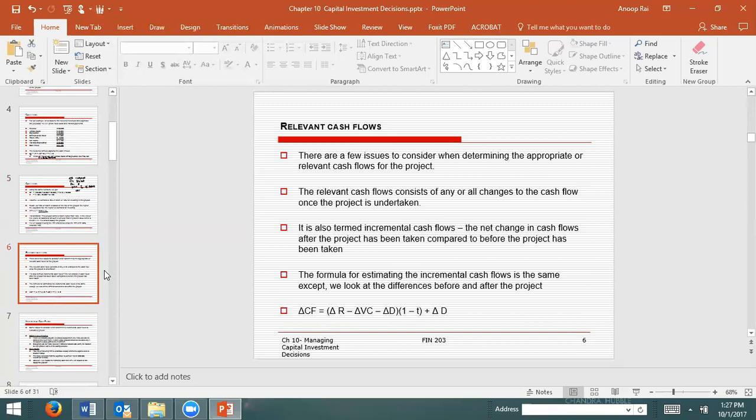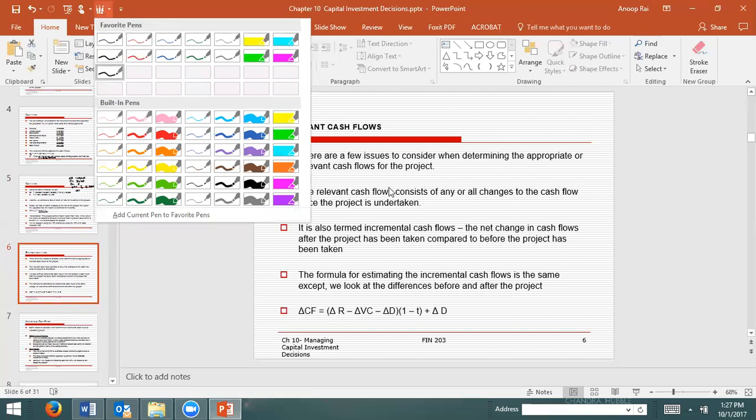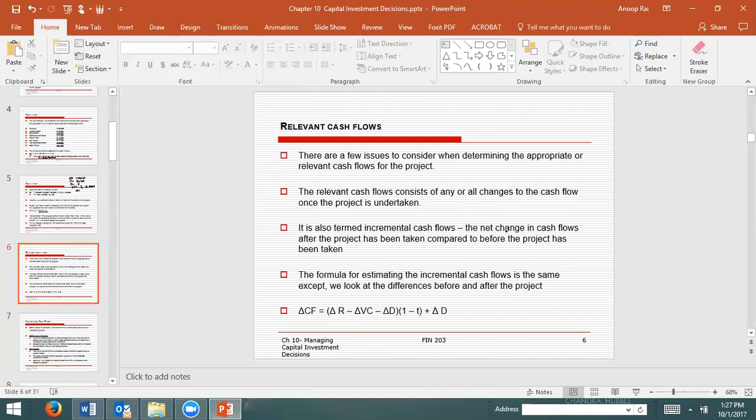So how much money will you put out for this new equipment that you plan to buy, and then how much will my sales increase by. So it's the net change in cash flows that we are looking for. How much more will I make if I do buy this new equipment, or if I do hire this new group of people?